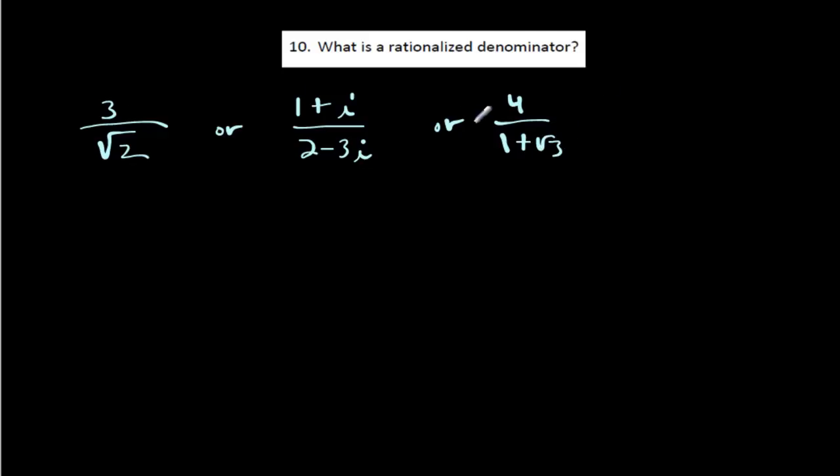These are all examples of denominators that are not rationalized because you either have an irrational value or an imaginary value in the denominator. So what you would say is a rationalized denominator is a denominator that does not contain any irrational or imaginary values.